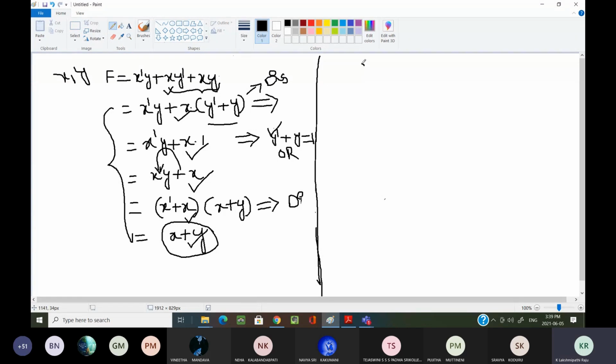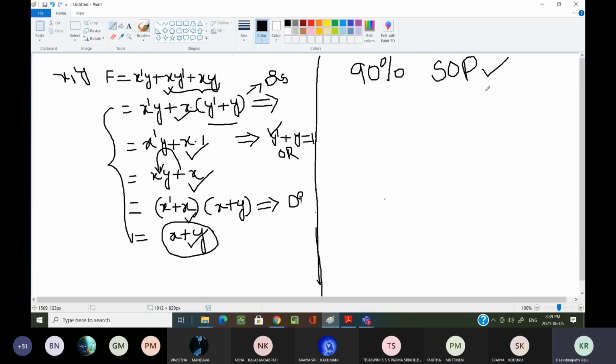Most of the examples, 90% of the K-map examples we consider, have the expression in the form of SOP.